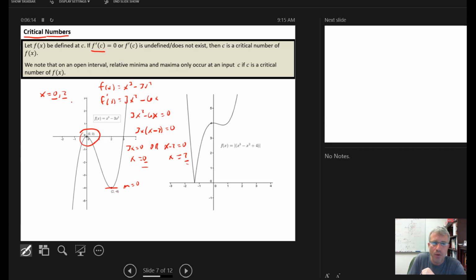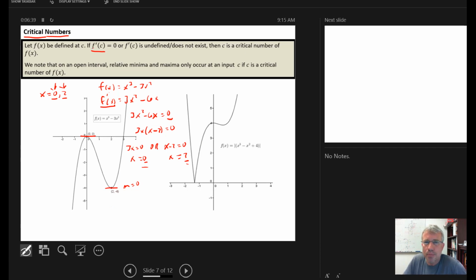So now I found the critical numbers of the graph by setting the derivative equal to 0, because setting the derivative equal to 0 allows me to find the places where the slope of the tangent lines is equal to 0. We want to remember that the derivative is the function that describes the slope of all possible tangent lines.